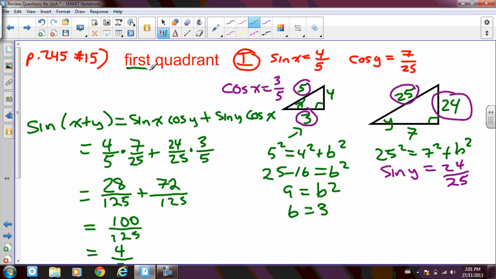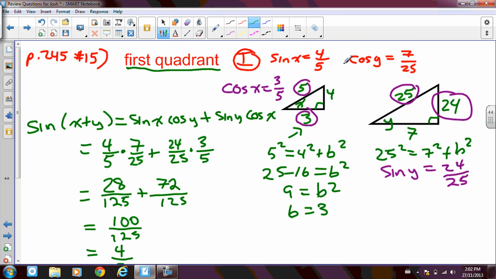I didn't really focus on it, but the first quadrant is quite important here because it ensures that I know my cosine and sine will all be positive. If I were in a different quadrant, the second quadrant, for example, if sine were positive in the second quadrant, I'd want to recognize that cos would end up being negative just because I'm in the second quadrant.